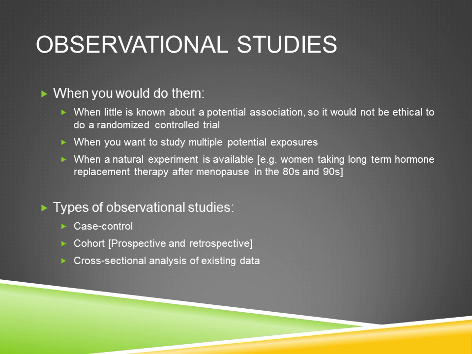A couple notes about observational studies. You would tend to do them when you don't know very much about a potential association, and so it wouldn't really be ethical to do a randomized controlled trial.